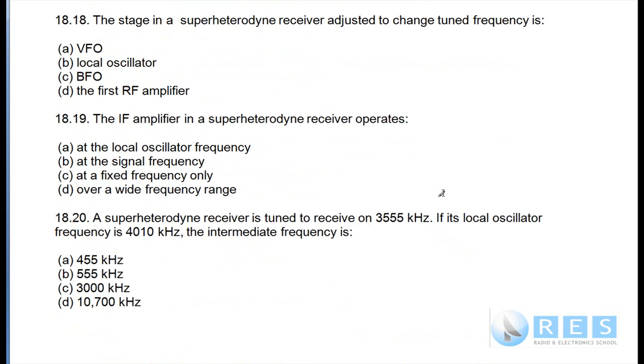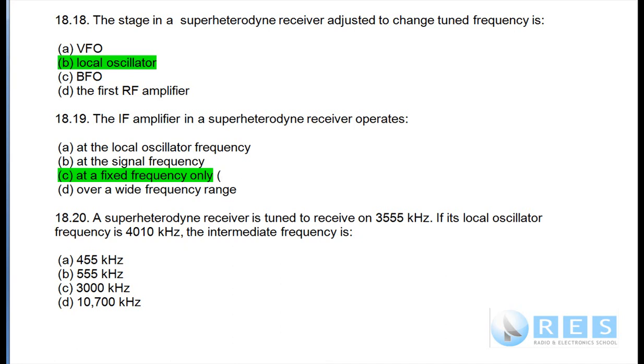18.18. The stage in a superheterodyne receiver adjusted to change the tune frequency is the local oscillator. 18.19. The IF amplifier in a superheterodyne receiver operates at a fixed frequency only. It really operates over a narrow band of frequencies.